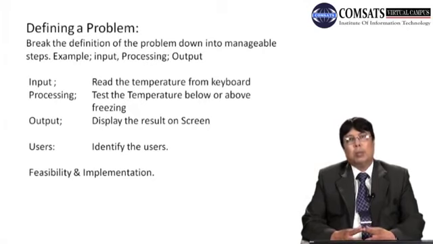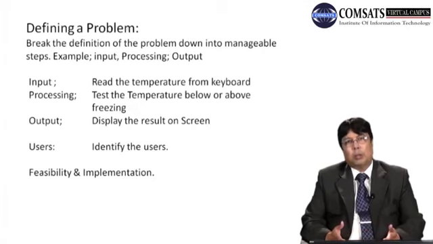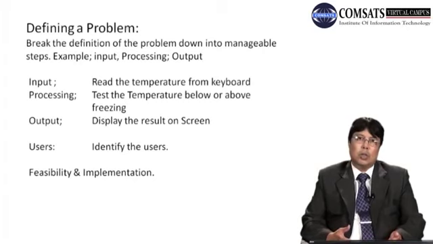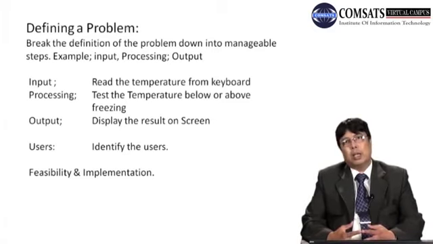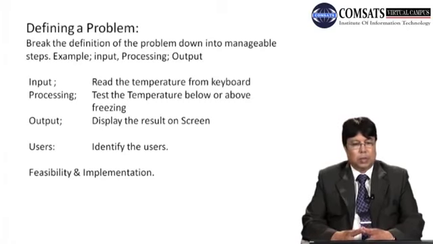Suppose the problem is that you want to read the temperature from the keyboard, and if the temperature is less than 32 degrees centigrade, you can say that it is below freezing, and if it is above that, you can say that it is above freezing. So we can define the input, the processing, and the output.